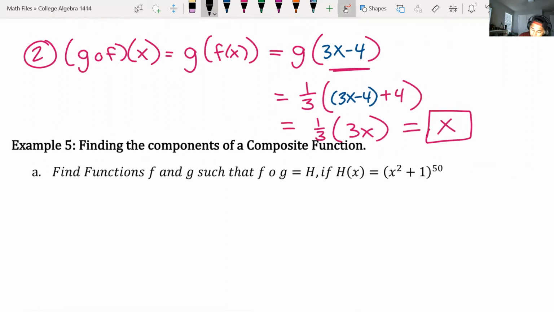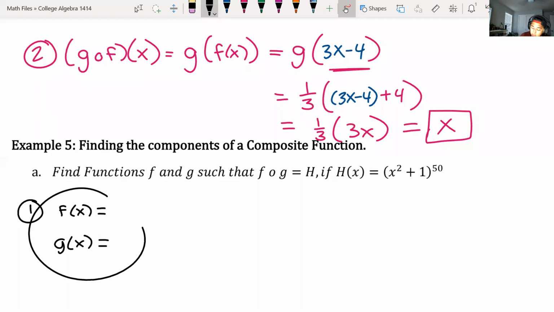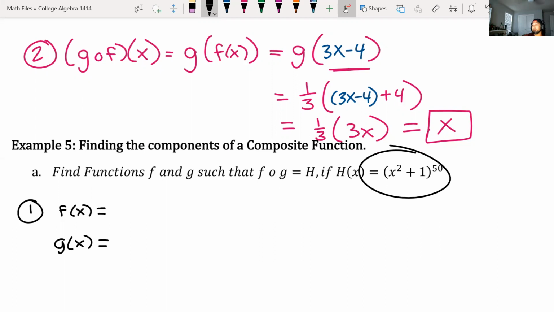Okay, so our job, we'll call this answer number 1, is to find out what is f of x and what is g of x. So what are the 2 functions that could possibly make this composition function? Think about it. Give me 2 functions that could make this function.